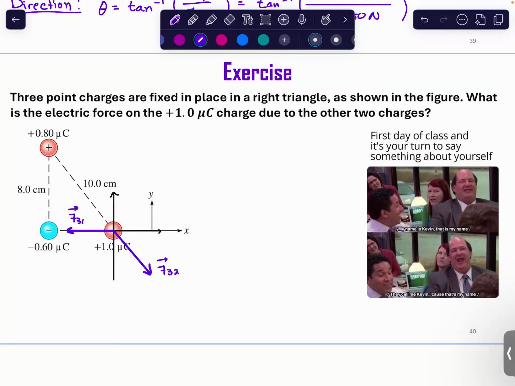That one has to go, that force is a repulsive force, has to go that way. Because it has to go that way. No. Like that.